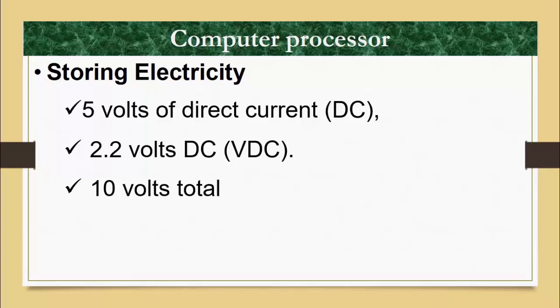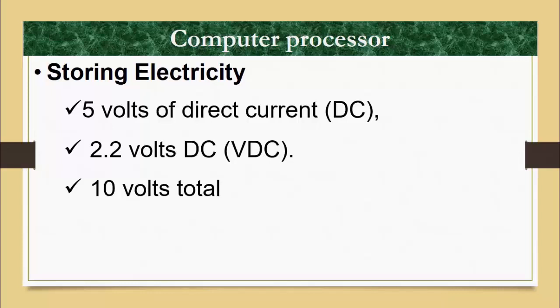One problem with using a higher voltage level to store a value in a transistor is that switching between these two voltage values, as much as 10 volts, does take a certain amount of time.